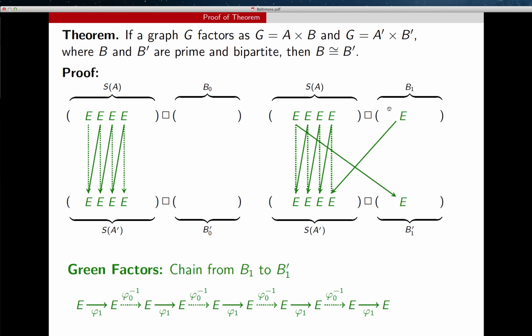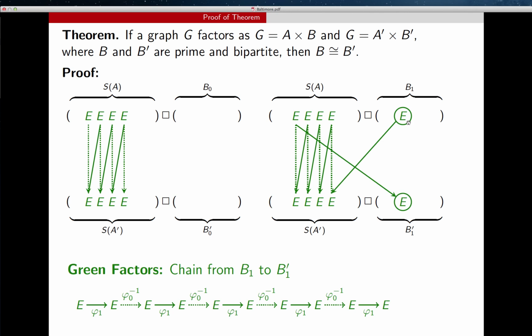Now you could also have green factors that start in B1, and they're such that if you apply phi1 and then phi0 inverse, and then phi1 and phi0 inverse, and so on, you finally terminate in B1 prime.